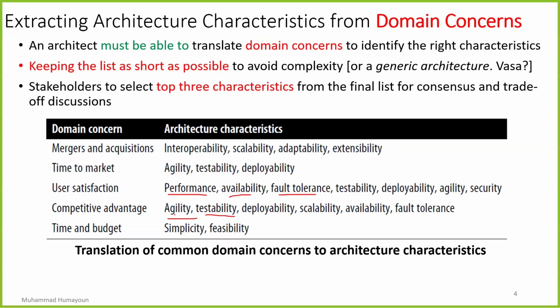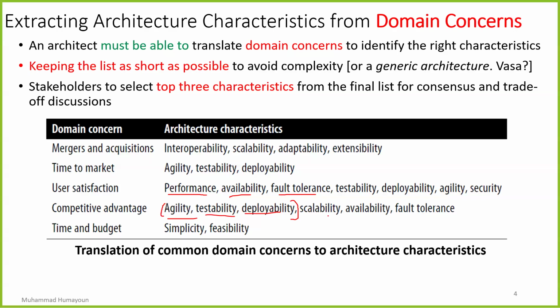So testability should be supported. And of course, deployability is also very much related. If it takes a lot of time to deploy your software, days, then agility is probably not satisfied. So deployability, agility, and testability are similar to each other.